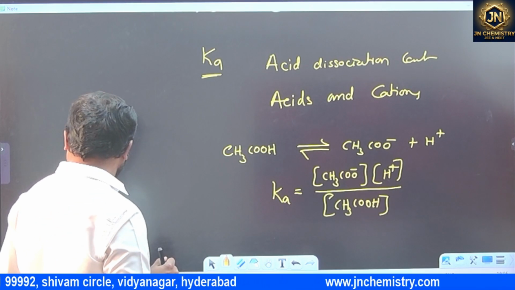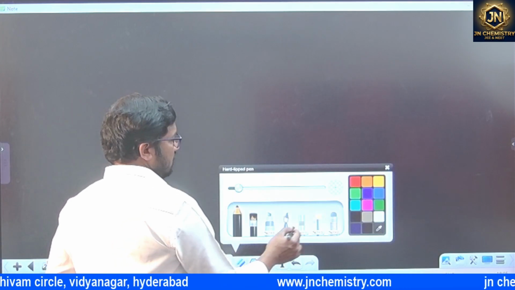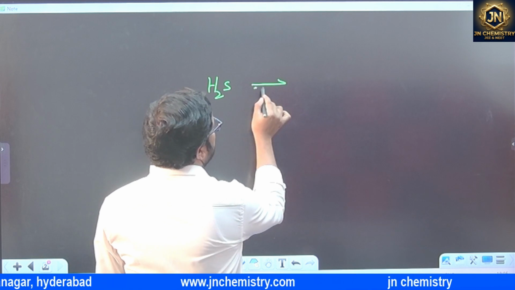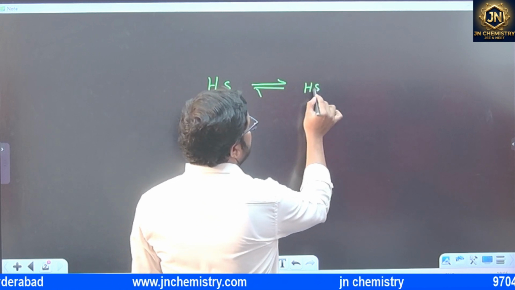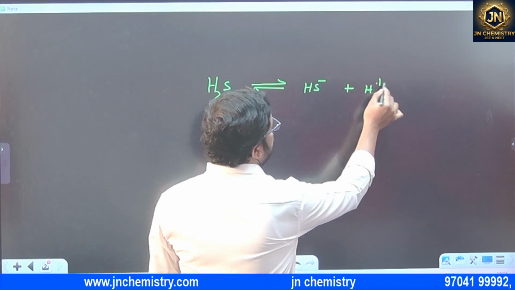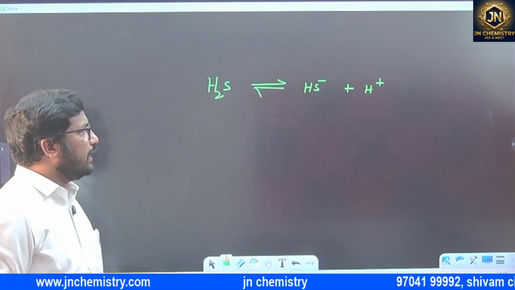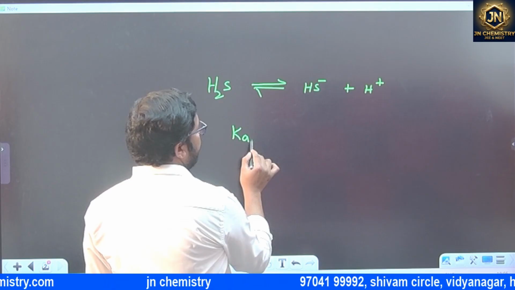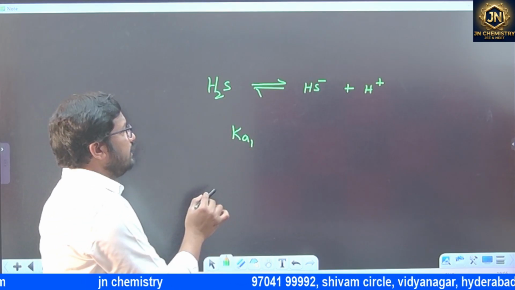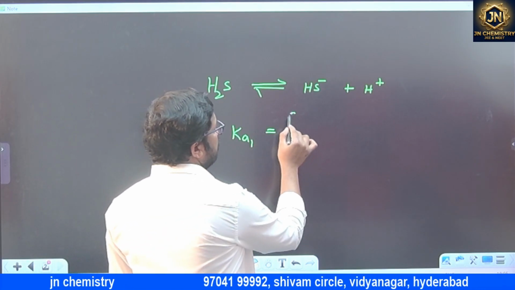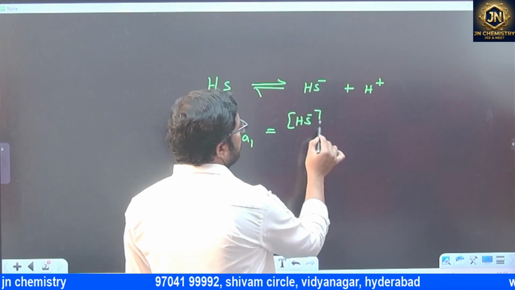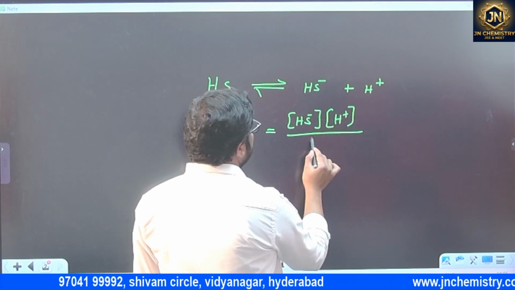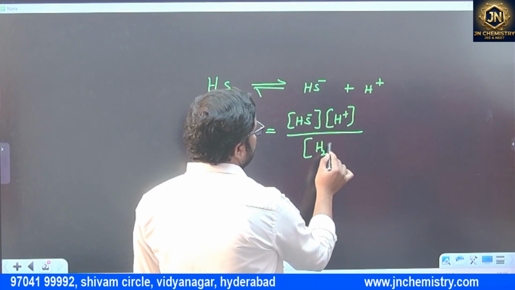In the case of H2S, H2S gives rise to HS minus and H plus. We can say Ka is equal to Ka1. Ka1 is equal to HS minus times H plus ion concentration, divided by H2S concentration.